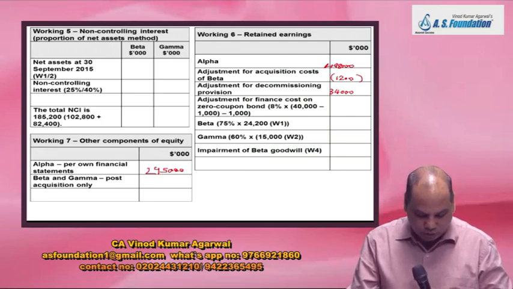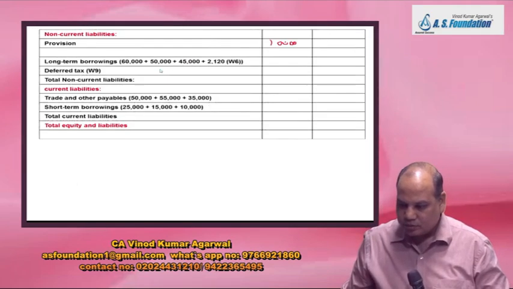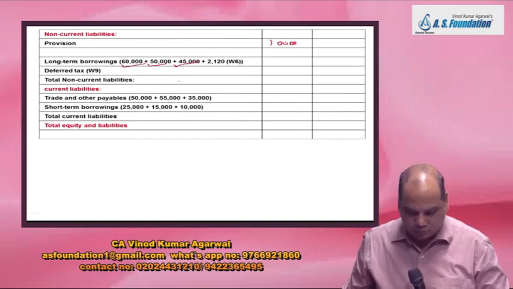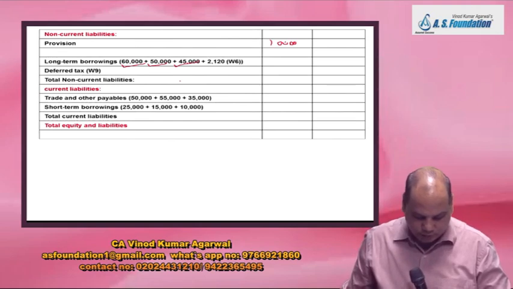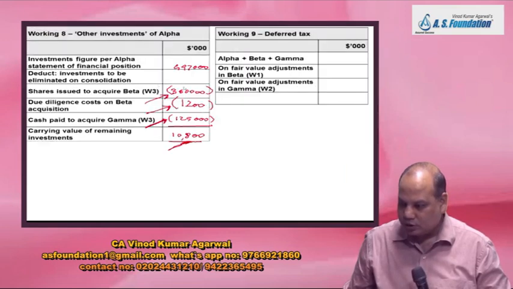Now come to long-term borrowing. First just come to balance sheet and tick mark these three numbers. Long-term borrowing. Deferred taxation. Working note 9. Go to working note 9.